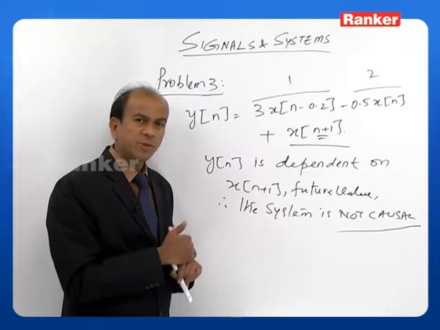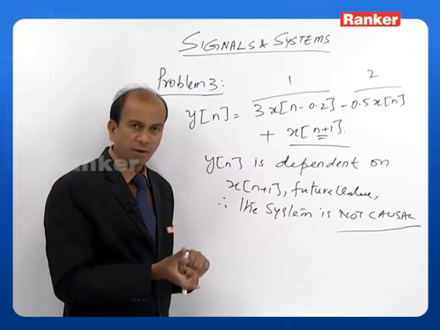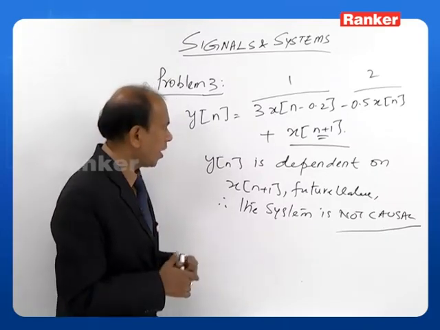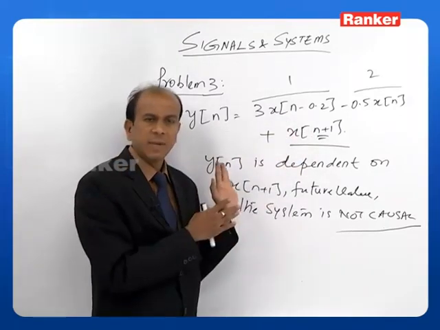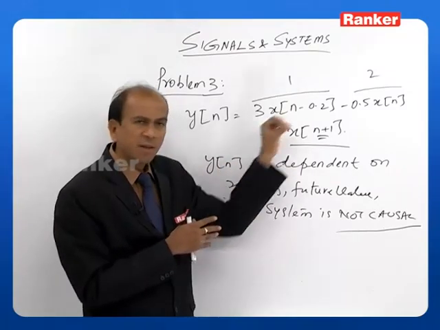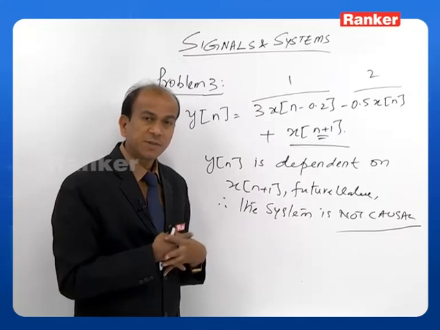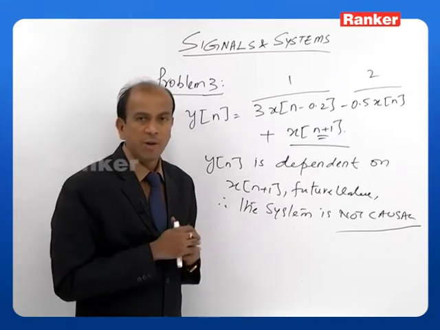Let us also take this opportunity to find out whether it is a memoryless system or a system which has memory. Okay, if you look at this, there is a past that is involved along with the present. So, this happens to be a system which has a little bit of memory also.